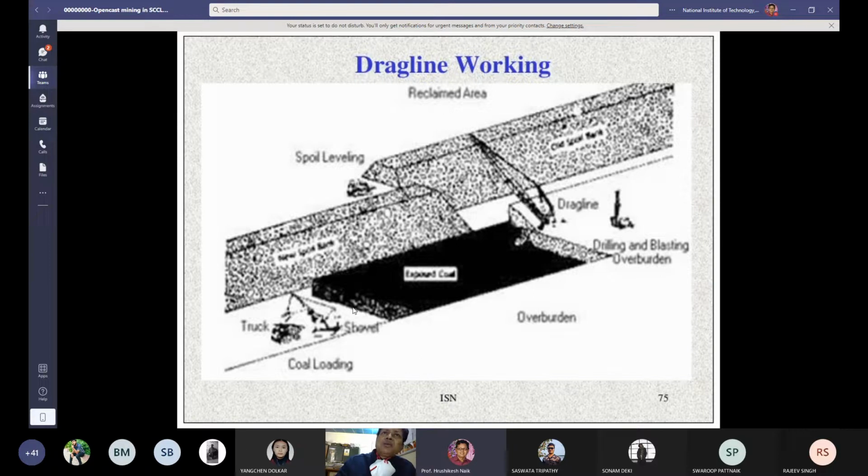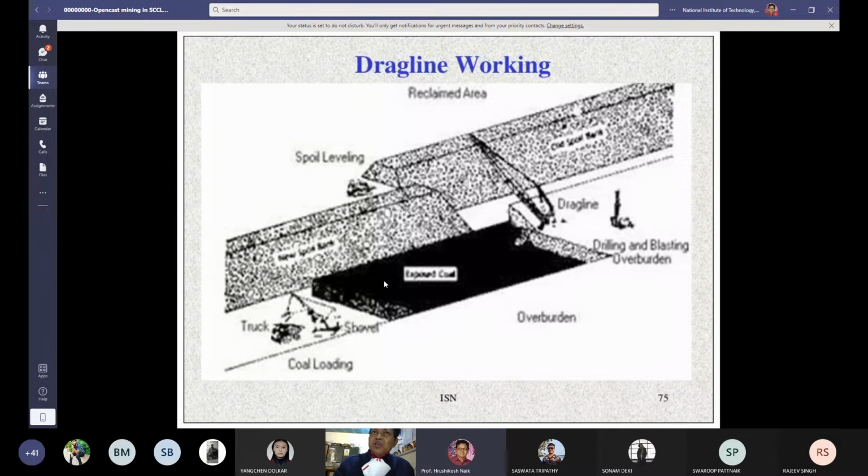So this method of mining is called the dragline method of mining. It is also called strip mining, because the coal deposit is a horizontal or flat deposit having zero inclination.